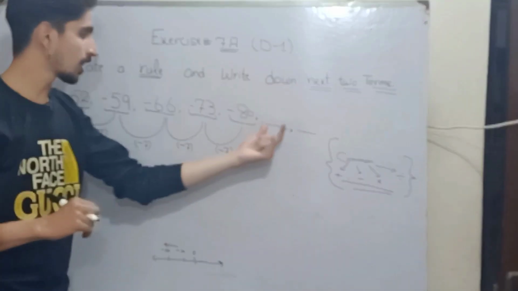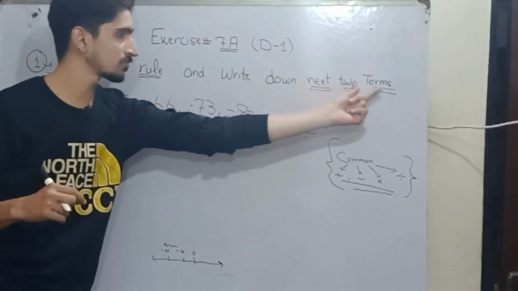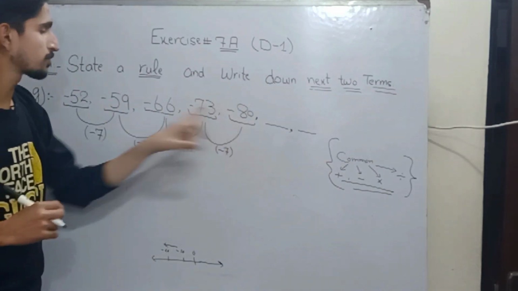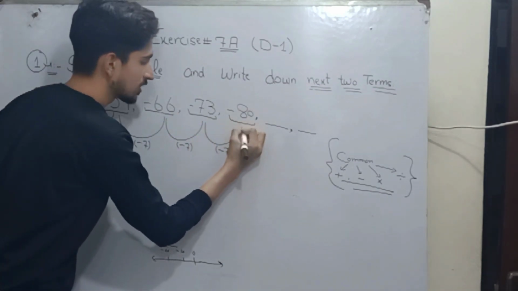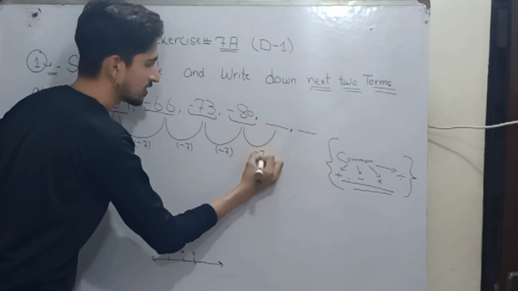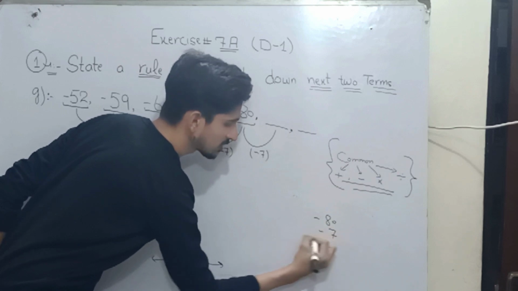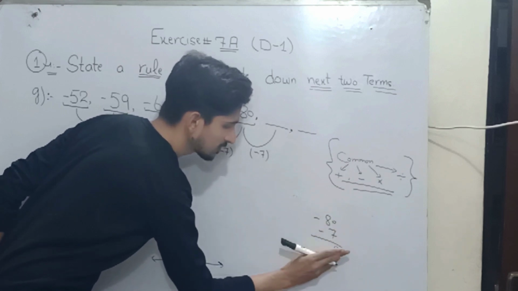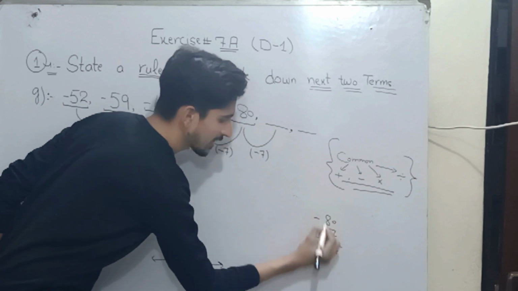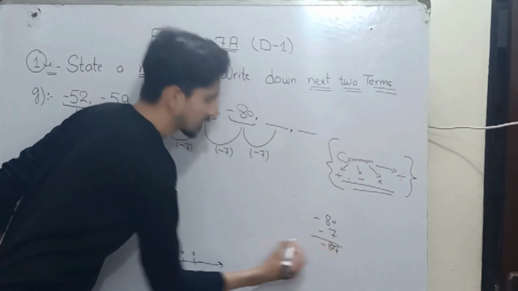Now for the generation of the next two terms, we just need to subtract 7 from minus 80. So again, minus 80 minus 7. 7 plus 0 is 7, and 8 as it is, as well as the minus as it is.